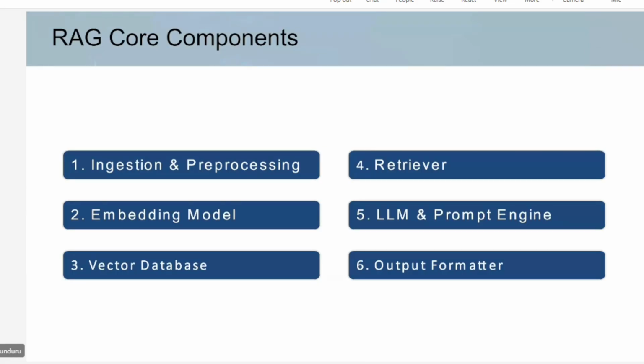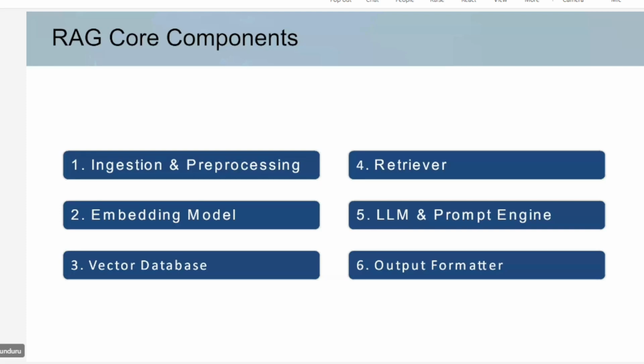A vector database is the store which stores the embeddings in different vector representations. Yeah, we'll be discussing these things. The retriever will be retrieving the data from the vector store and assigning that to the prompt engine context. The LLM is the large language model, and the prompt engine will be doing the creation of the prompt with context, query, and the required format.